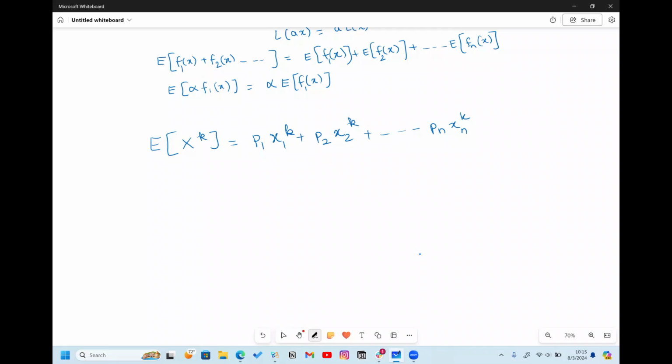What I want to show here is the first moment of the distribution, when k equals 1, which is the expectation of x, nothing but the expected value or mean.